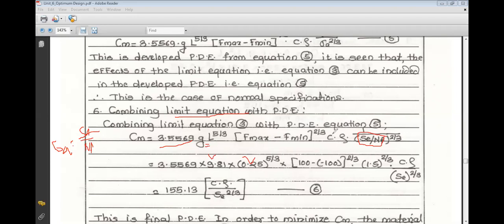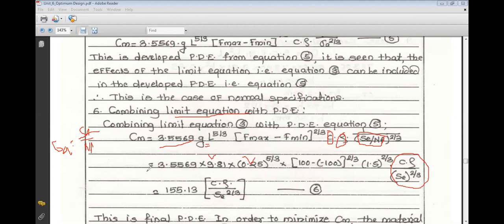Now cost is a material selection factor, it depends on the material. Density again depends on the material. Next, SC upon NF raised to 2 by 3: NF comes to the numerator, which is 1.5 raised to 2 by 3, and SC raised to 2 by 3. So this is your material selection factor, that is C rho divided by SC raised to 2 by 3.